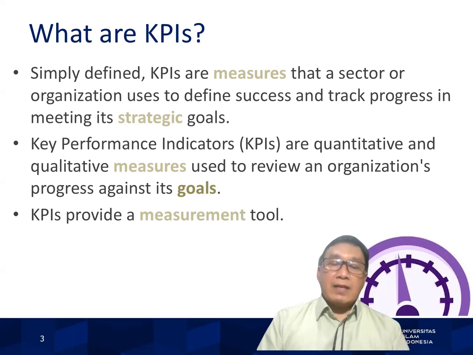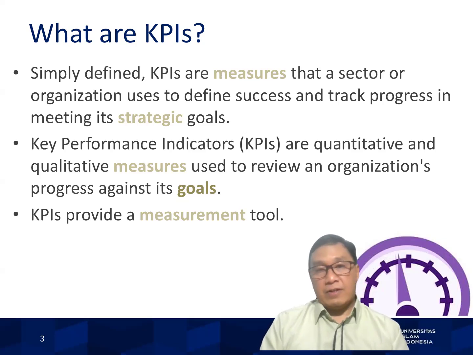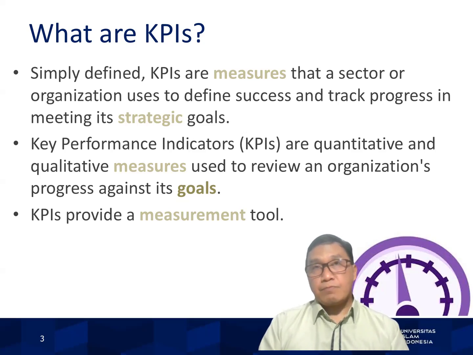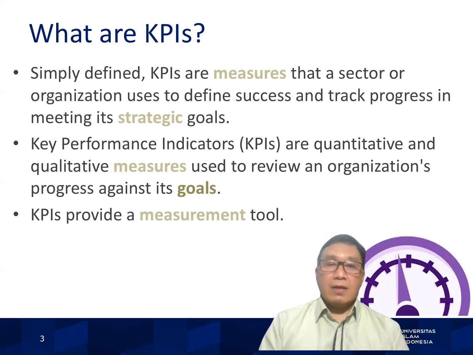And key performance indicators are quantitative and qualitative measures used to review an organization's progress against its goals. Again, it's similar to the first definition, in order to know whether the goal of an organization is already achieved or not.